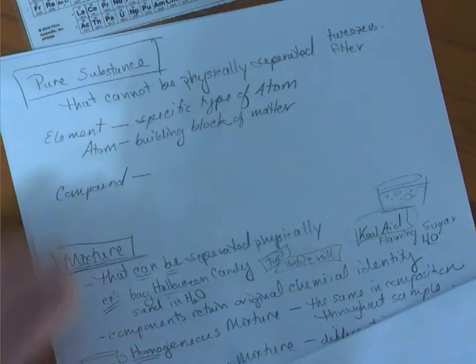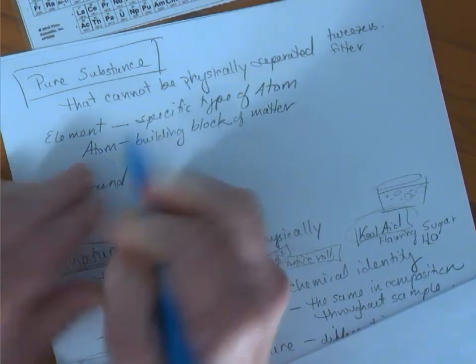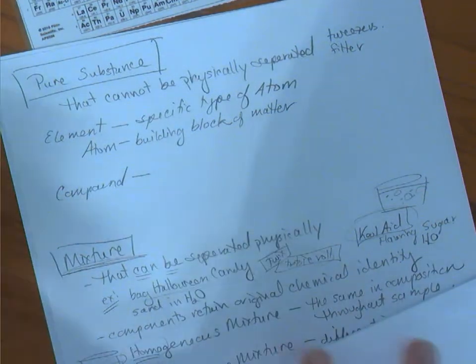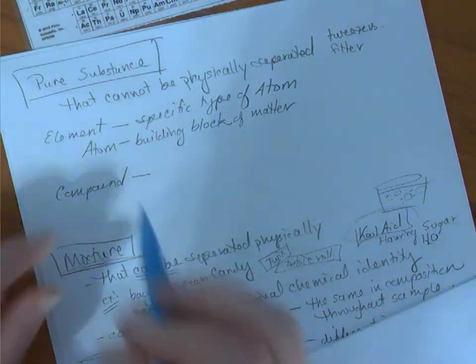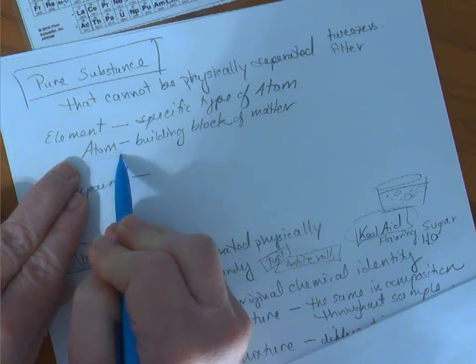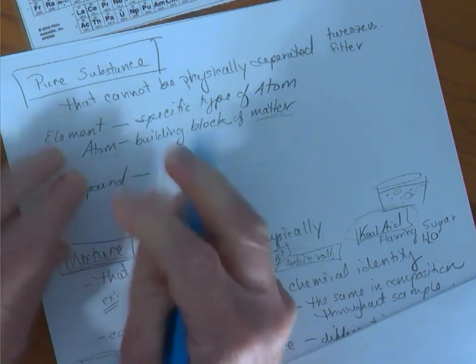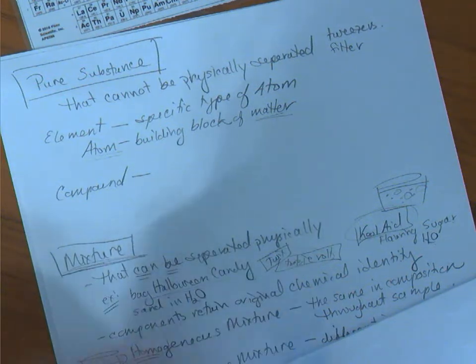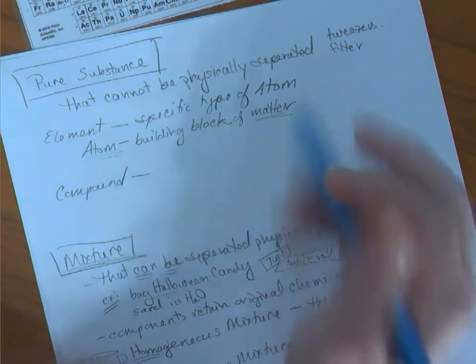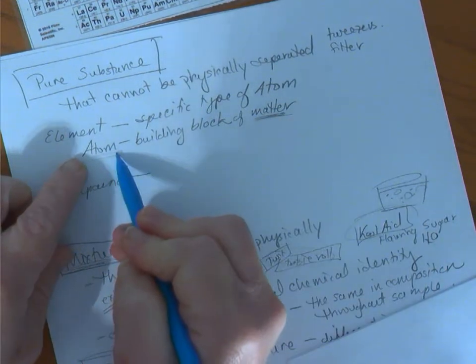If we put protons together, we don't get anything. If we put a bunch of electrons together, we don't get anything. But if we put atoms together, that's how we get matter. So the most fundamental building block of what our amazing universe is made out of, as far as matter, are atoms.